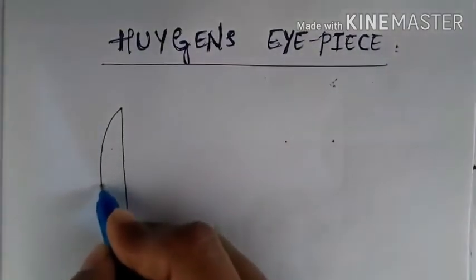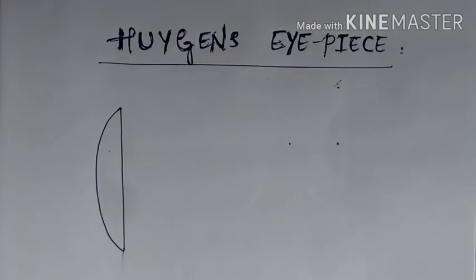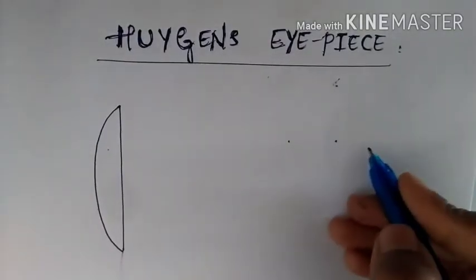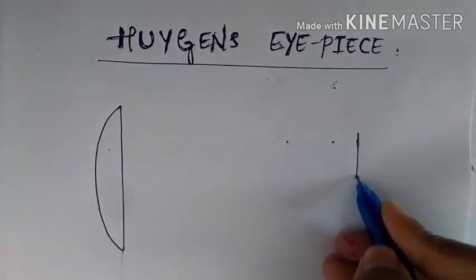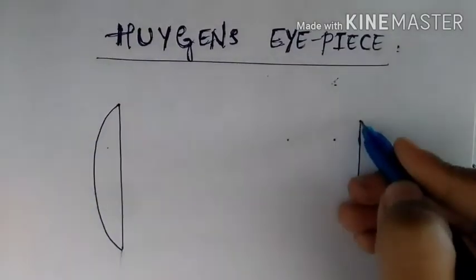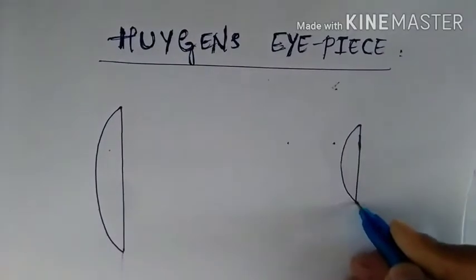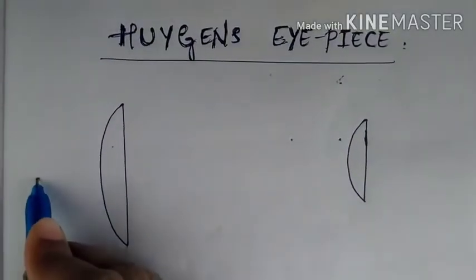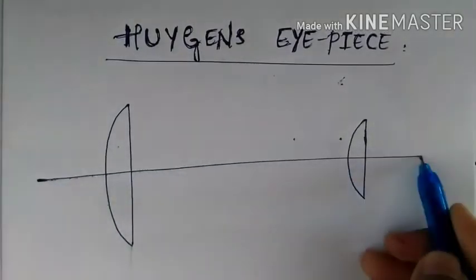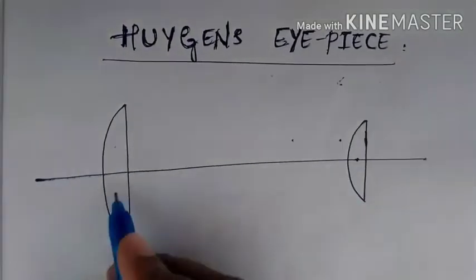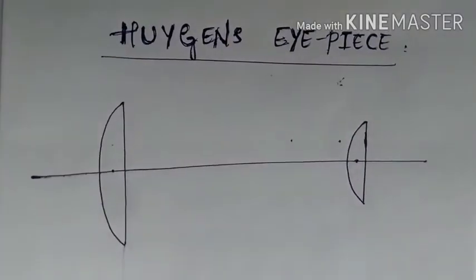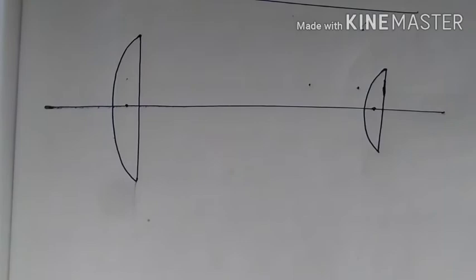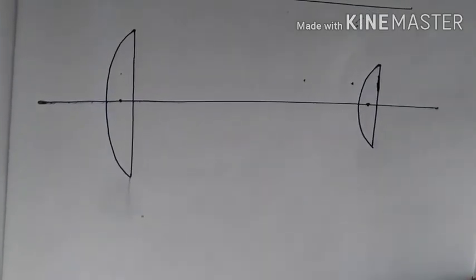The first lens in an eyepiece is called the field lens, and the second lens is called the eye lens. And there is a principal axis passing through the center of both the lenses.